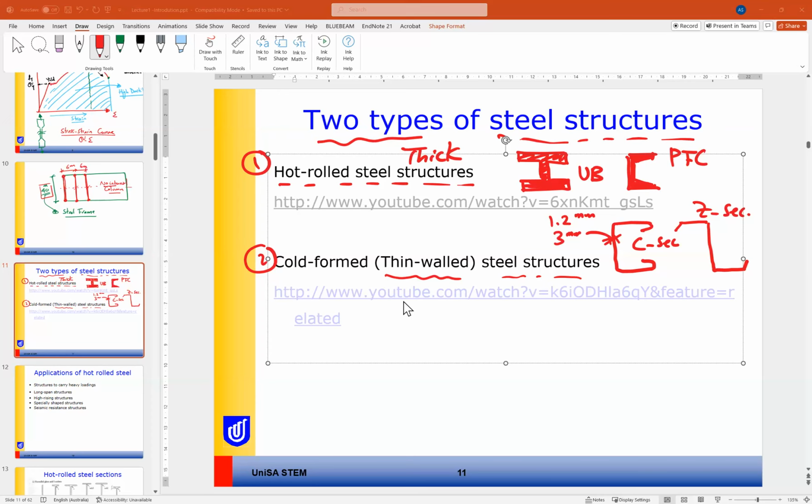It is very hard to make or bend the steel at ambient or normal temperature, because steel is a high strength material. That's why it needs to be under high temperature, for example, as the video mentioned, 700 or 800 degrees or so, so that we can shape and produce our shapes using the rolls.